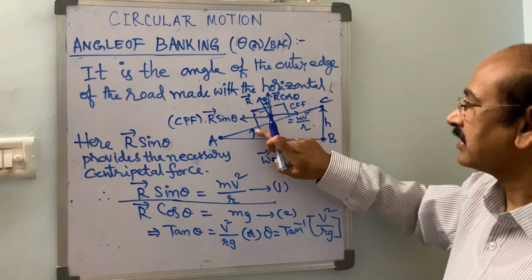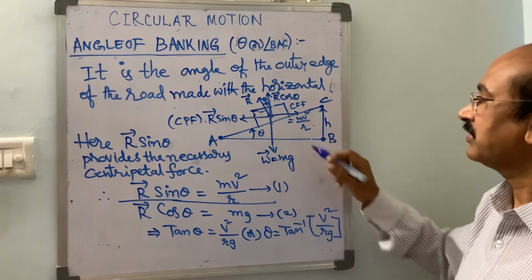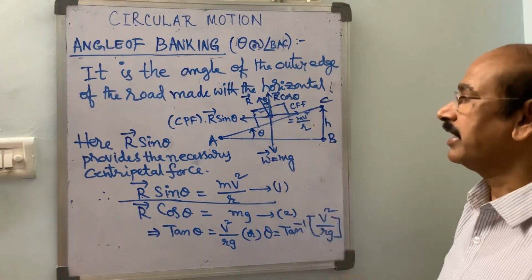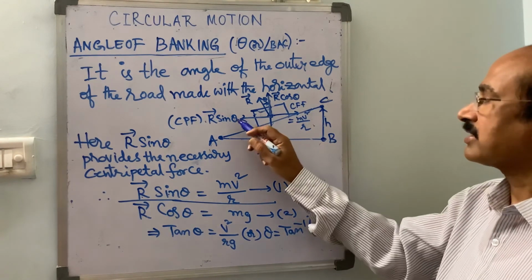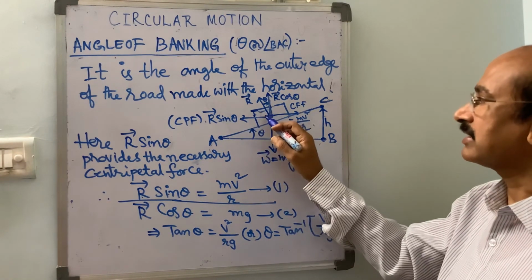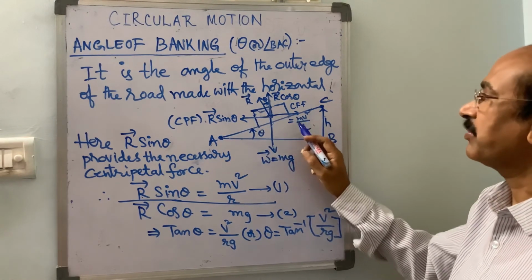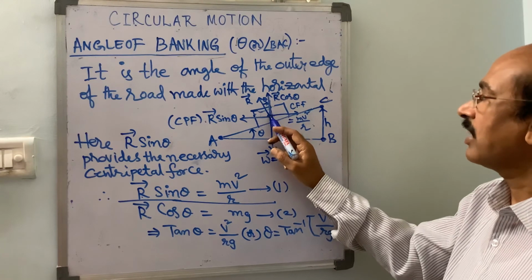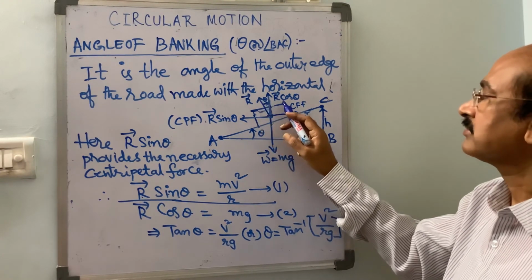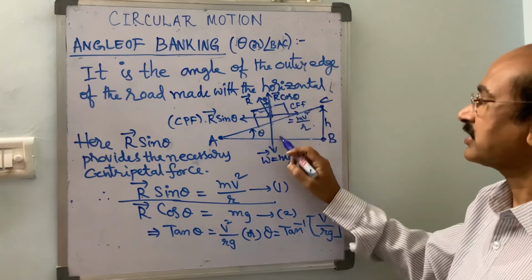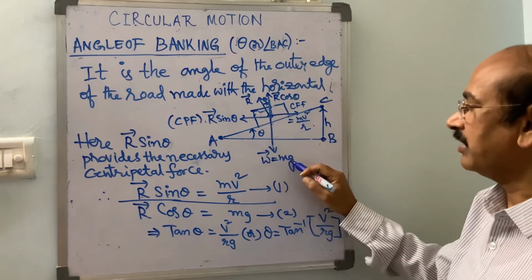So when we consider the vehicle moving with uniform speed v along the circular path of radius R, here R sin theta provides the necessary centripetal force, which is balanced by centrifugal force mv square by R, and the normal reaction R bar's other component R cos theta balances the weight of the body mg.